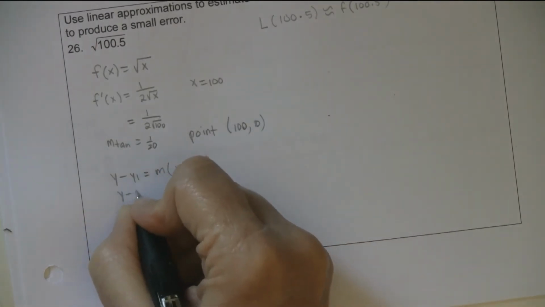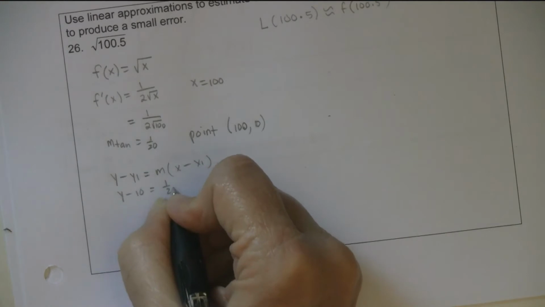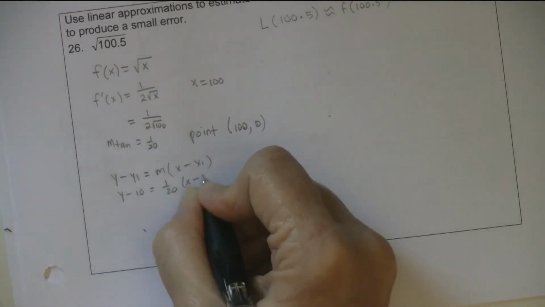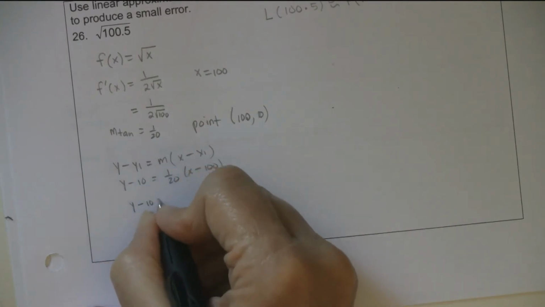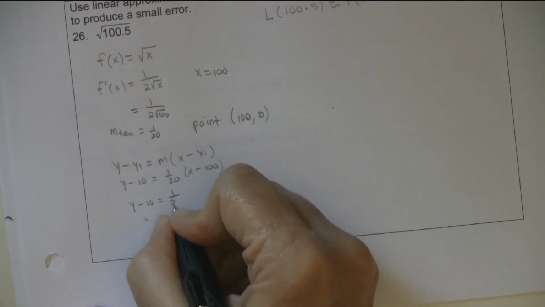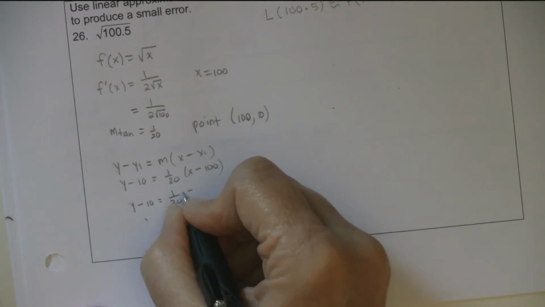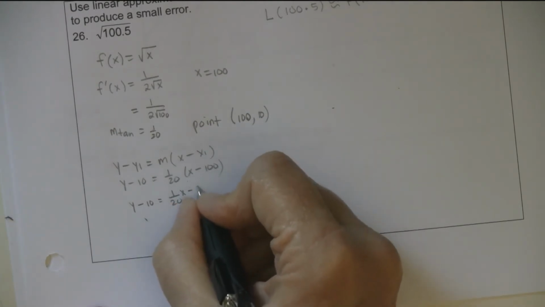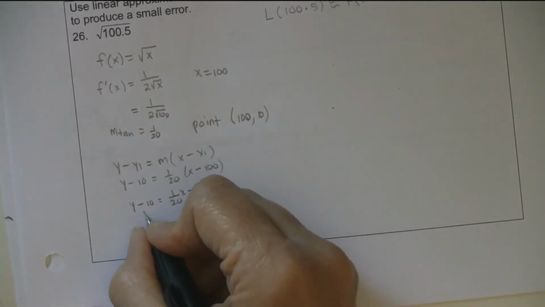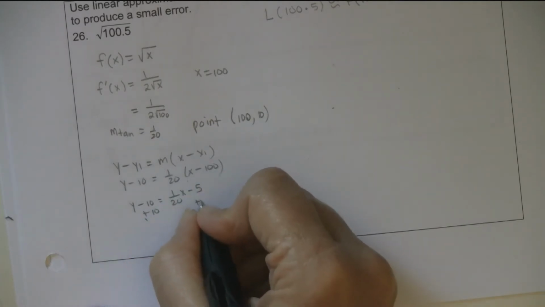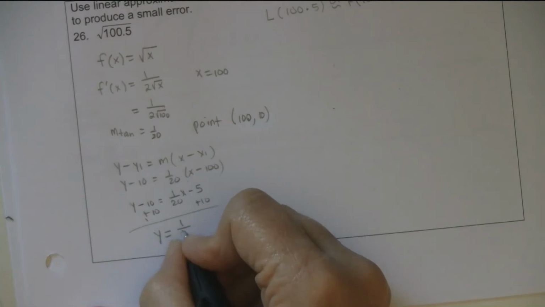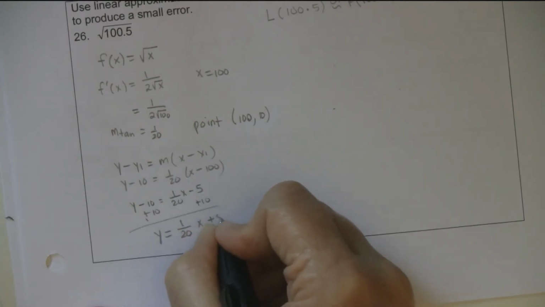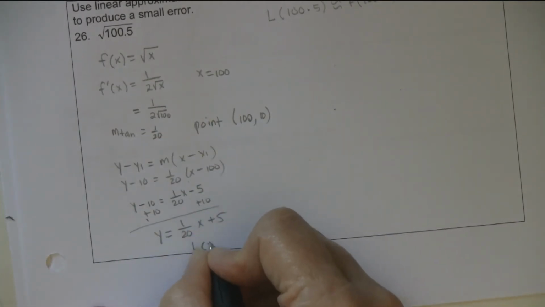So y minus 10 equals 1 over 20 times x minus 100, right? And y minus 10 equals 1 over 20 x minus 5, right? And then I'm going to add 10. So my tangent line is this. So this is my linear approximation.